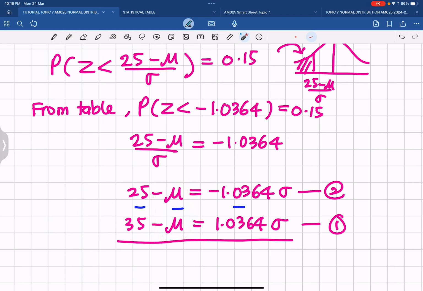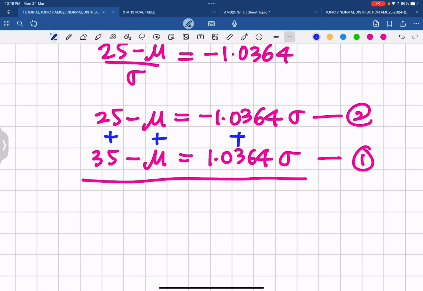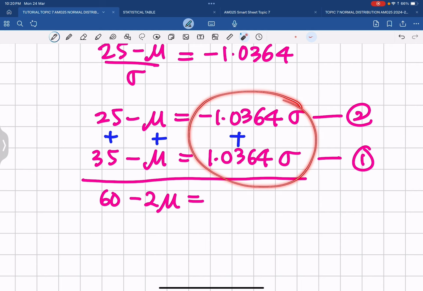So what I'm going to do is get rid of the standard deviation, so I'm going to do an operation of addition. We get 25 plus 35 is 60, and negative mean plus negative mean, which is negative 2 mean, equals 0.